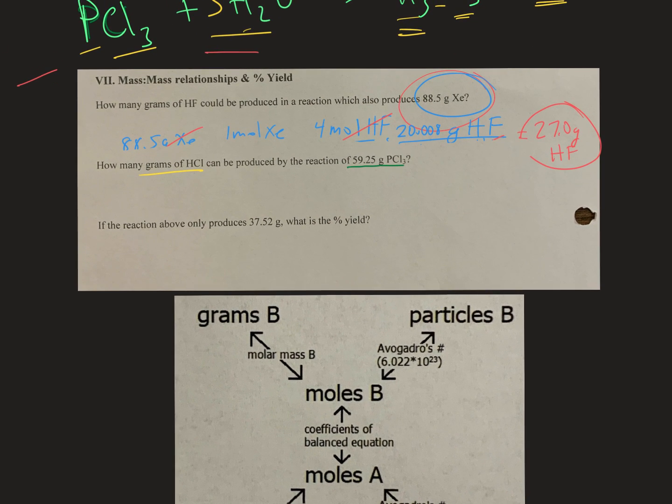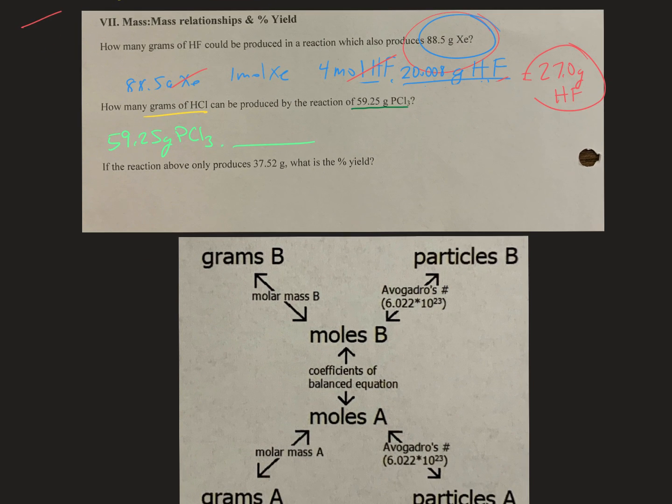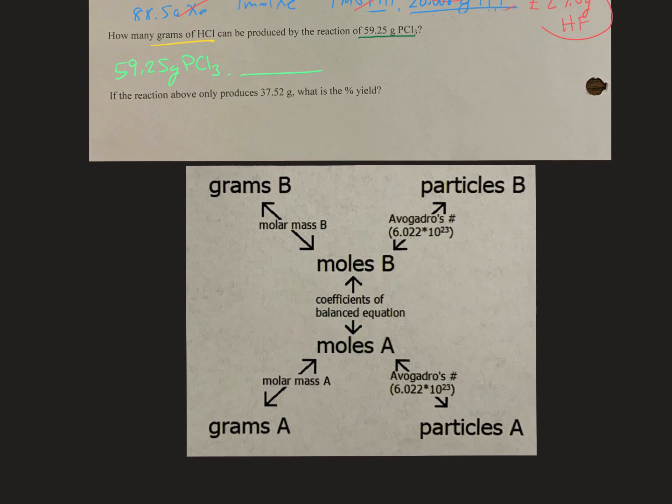All right, so where are we going to start, guys, after we have a balanced equation? With what we know. This 59.25 grams of PCl3. Do you want to use the mole roadmap again, guys? Yeah? Let's do it. I start with grams of PCl3.